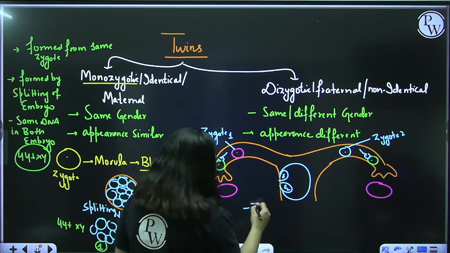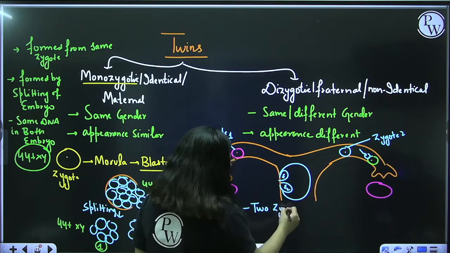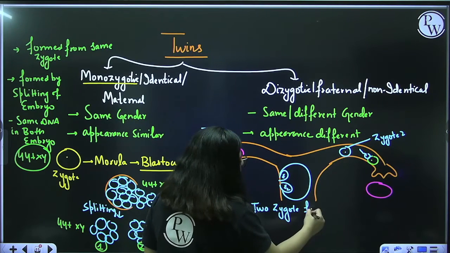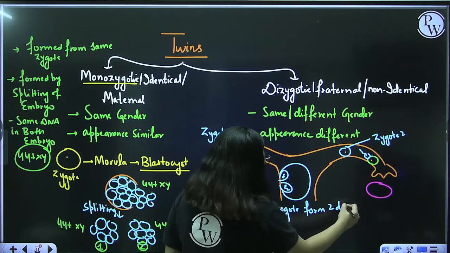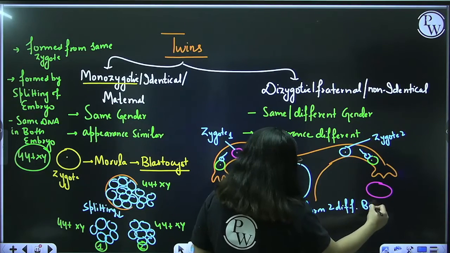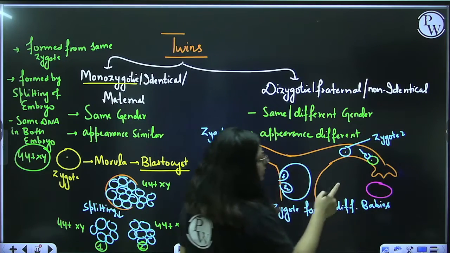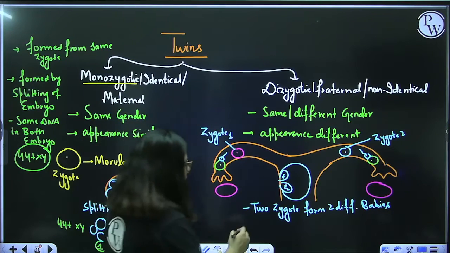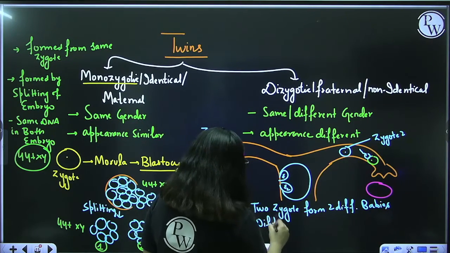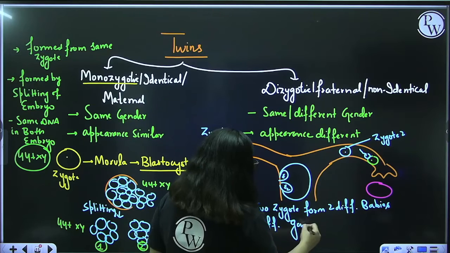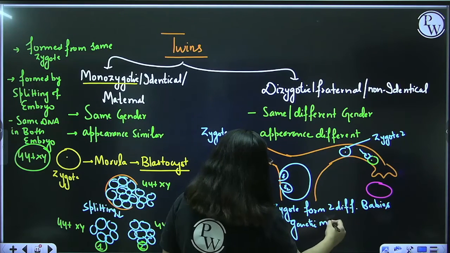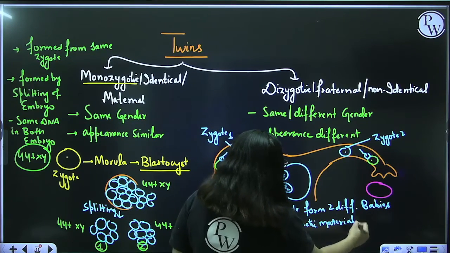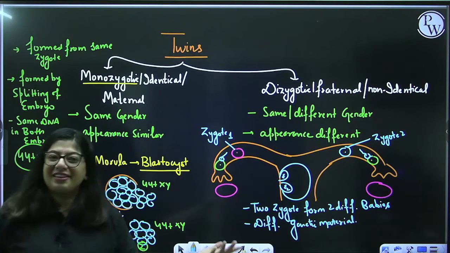So here two zygotes form two different babies. Two zygotes are released, and hence they are different. So they will contain different genetic material. I hope that makes sense to all of you now. So that's how twins are formed.